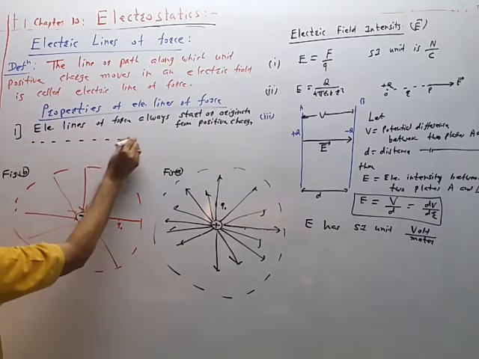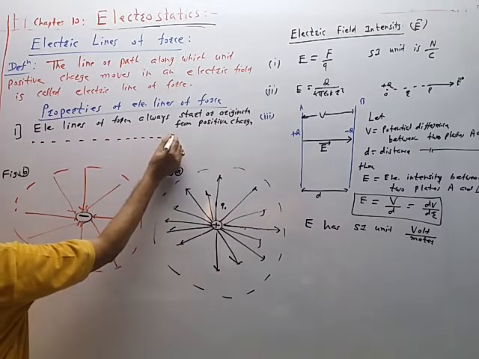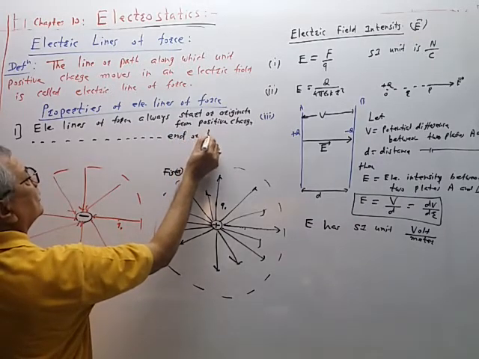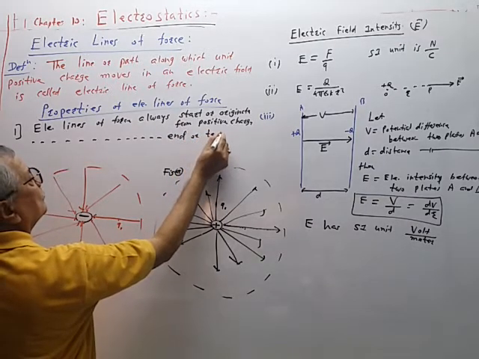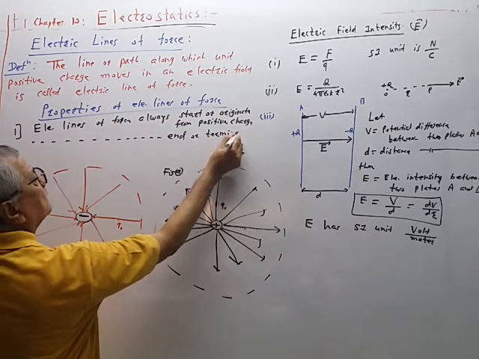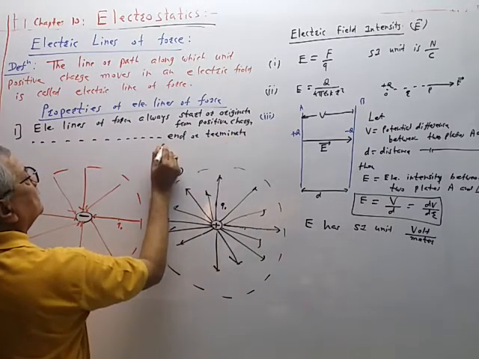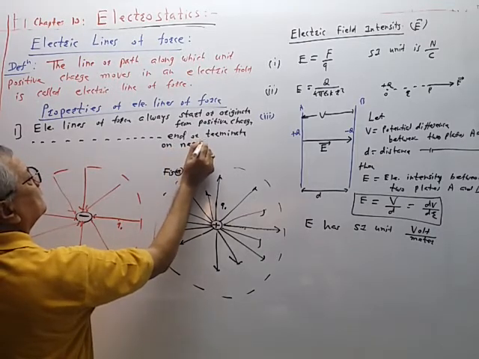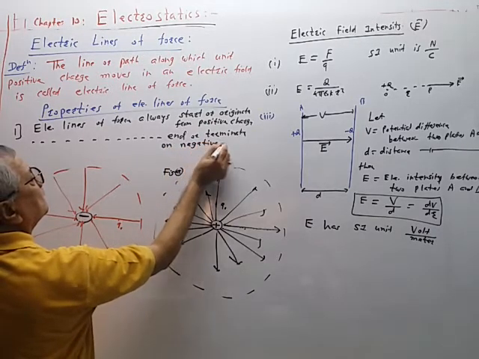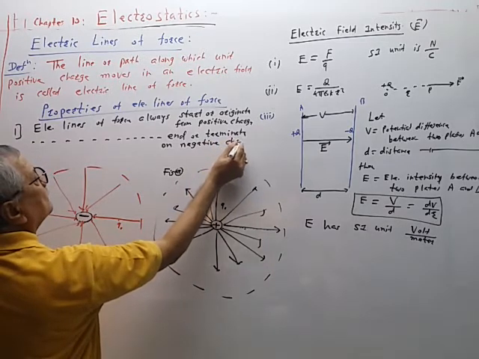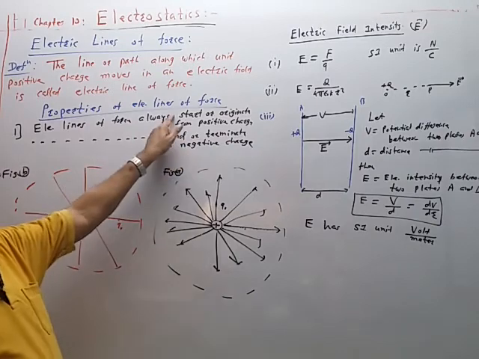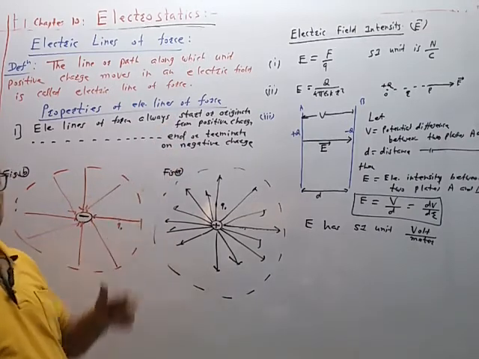Electric lines of force always end or terminate on negative charge. Figure A gives this property, figure B gives this property.